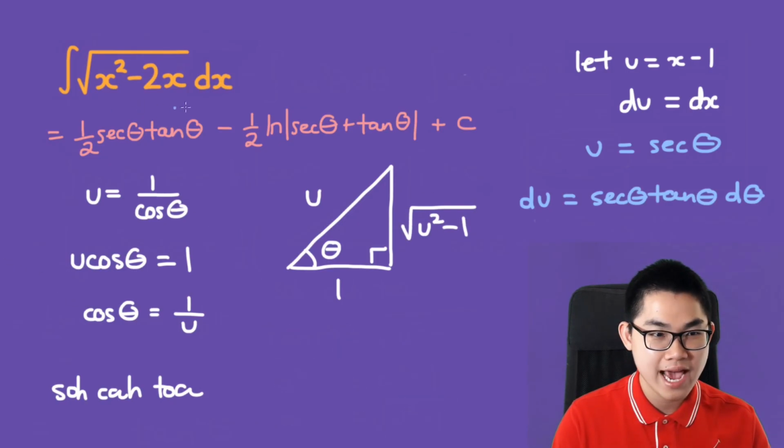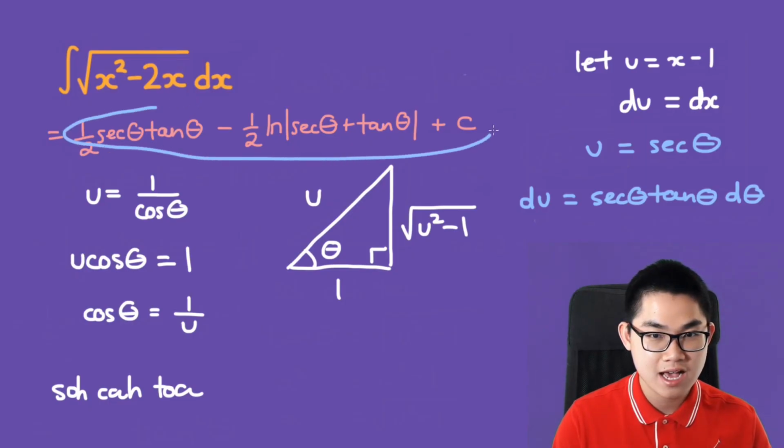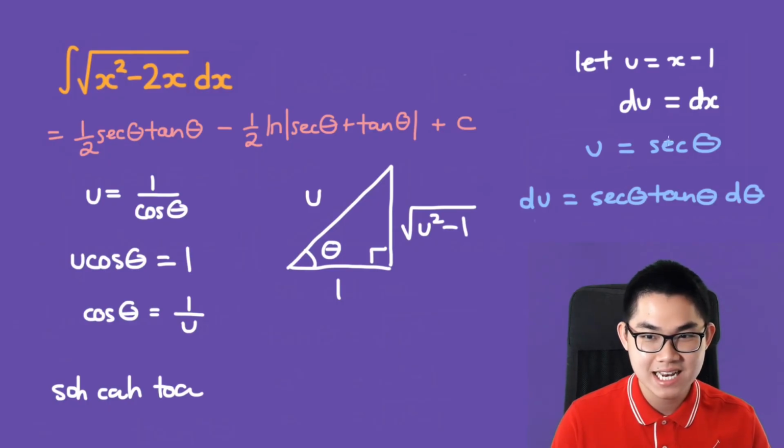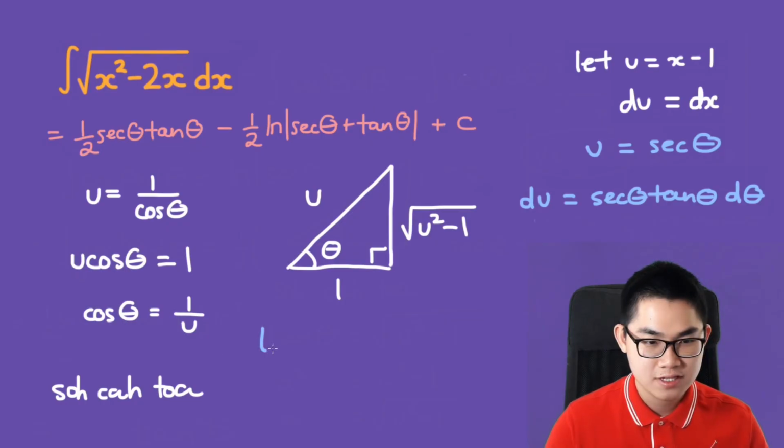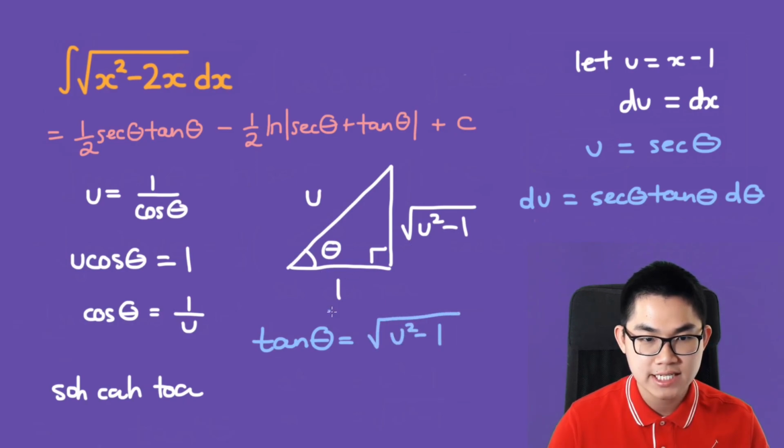If we look at our antiderivative, so here's our antiderivative. We already know what secant is, because secant is just u. The only thing we need to know is what is tangent. So tangent is equal to opposite over adjacent. So the opposite side is the square root of u squared minus 1, and the adjacent side is 1. So divided by 1. And since it's divided by 1, we do not need to write that.